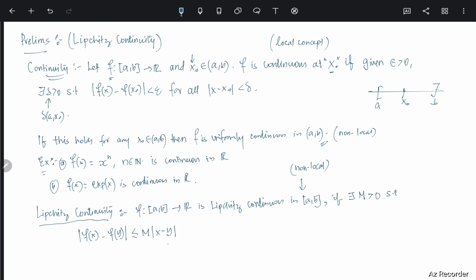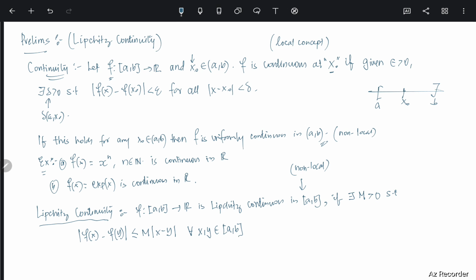So we are controlling the growth of f based on the growth of x, right? That's what you are saying here. And this m is independent of the points. So this should hold for all x, y in AB. It doesn't really matter what x, y you are choosing. So that is Lipschitz continuity.